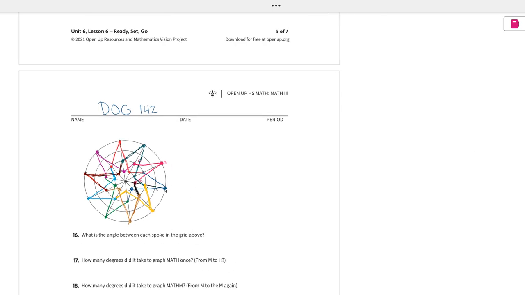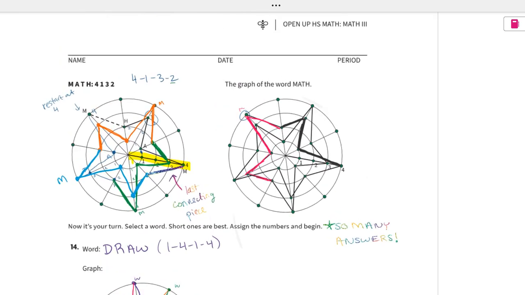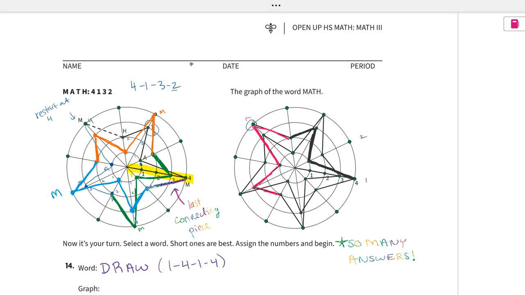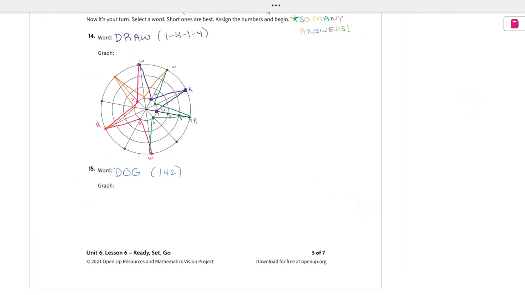Okay. Question 16 says, what is the angle between each spoke on the grid above? So we have to count the spokes. Let's see, I'll try to pick the least messy graph here. We have 1, 2, 3, 4, 5, 6, 7, 8, 9, 10. 10 total spokes, right?